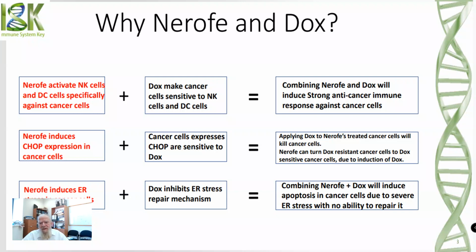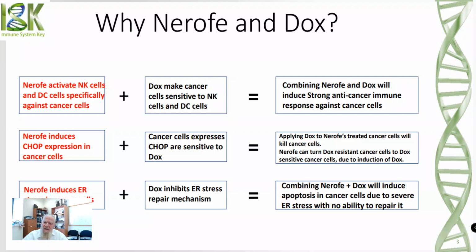We thought about different combinations, but it turns out that the best one is low dose doxorubicin. What are the advantages, or why did we add Nerofe to doxorubicin or doxorubicin to Nerofe?